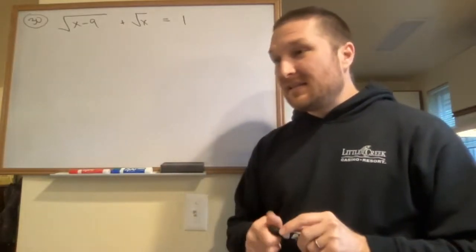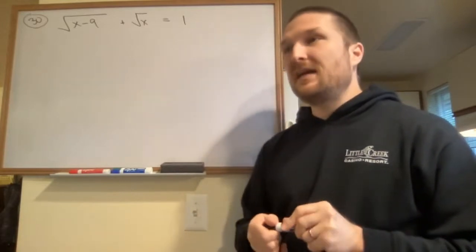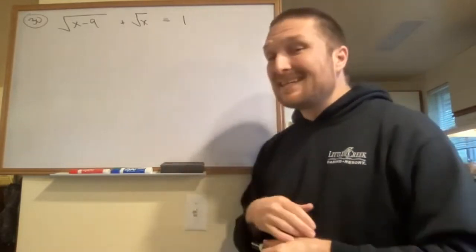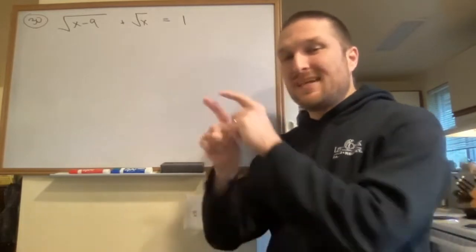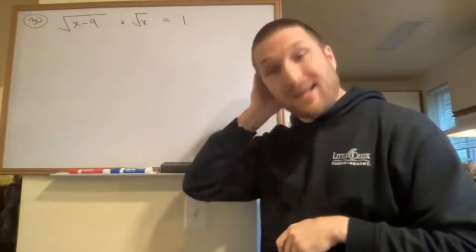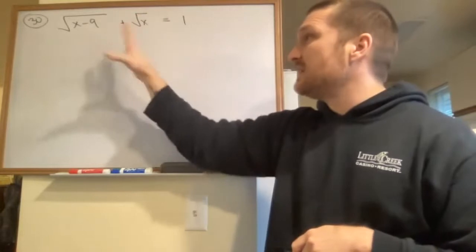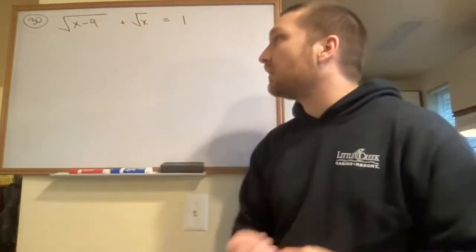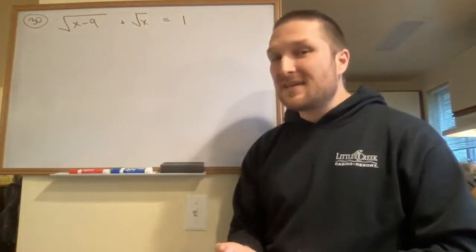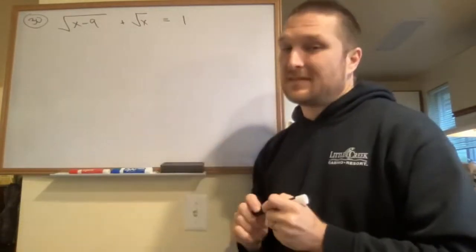And in this case, where you have multiple roots, it's usually easiest to get these roots on opposite sides. If we wanted, we could just square both sides and just plug along, but it usually ends up being easier to split these roots up on opposite sides.